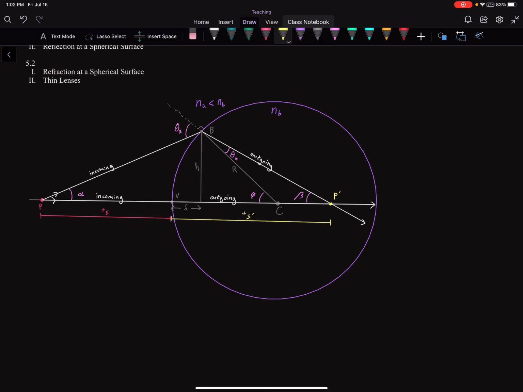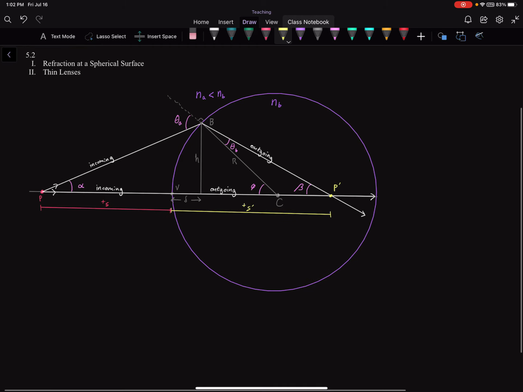And finally, radius of curvature. It's a convex surface. So the center of curvature is on the same side as the outgoing rays, so the radius is positive as well. So it's a convex surface, which with reflection meant that it was going to be negative, but it's relative to where the image is formed.